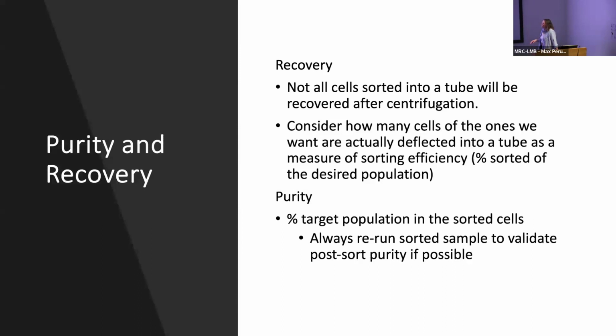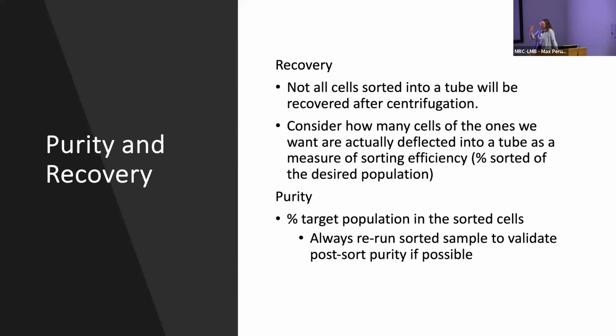So finally, in terms of recovering your cells, you should consider that not all of the cells sorted into a tube will be recovered after you spin them down. One of the main issues we encounter, there's a couple of things. The first is making sure that when you bring your collection tubes, you bring them with some kind of media inside.